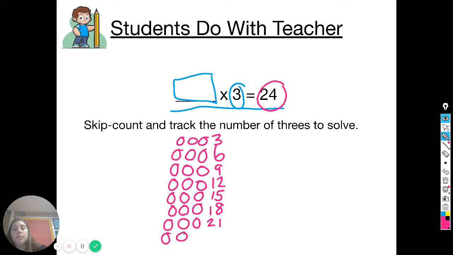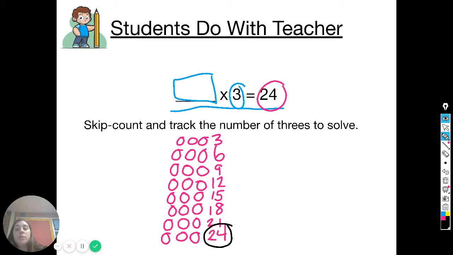22, 23, 24. Okay, so we skip counted, and now we need to track the number of 3's it took us to solve. So how many rows or how many times did we have to skip count by 3 to get all the way up to 24?